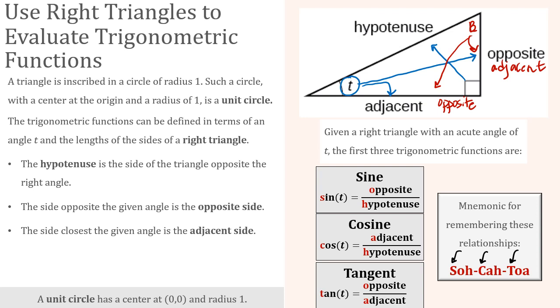And then the letters that follow, for sine, the O and the H, represent the ratio of numerator and denominator. For cosine, the A and the H represent adjacent and hypotenuse. And for tangent, the TOA, O and A represent opposite and adjacent. So it's just a mnemonic device that might help you in the beginning to remember these relationships.